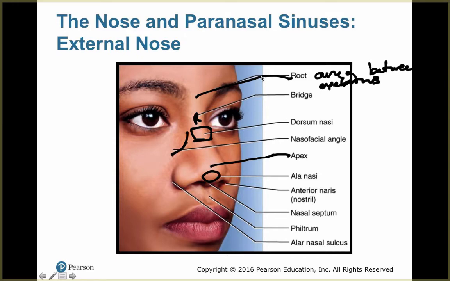And then you have the anterior nares or nostrils. And what separates the two is the nasal septum. The philtrum is this area that dips down on the lips. And then this area that's right here on the nose is the alar nasal sulcus, right? And sulcus just always helps to describe those areas that kind of go in, right?